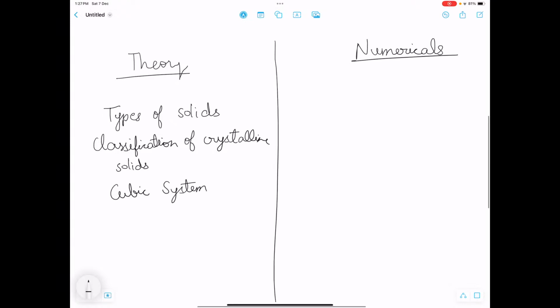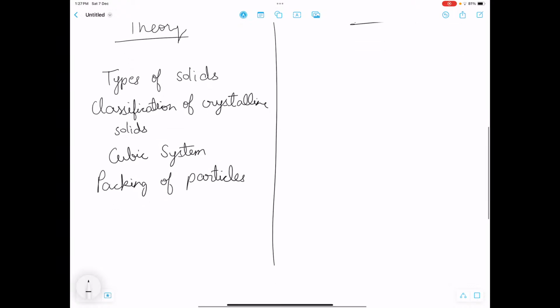Then comes packing of particles in a cubic system. Then we consider the percentage packing efficiency. So first we are packing the particles, and then we will calculate the percentage of packing efficiency. You always need to be efficient in life.